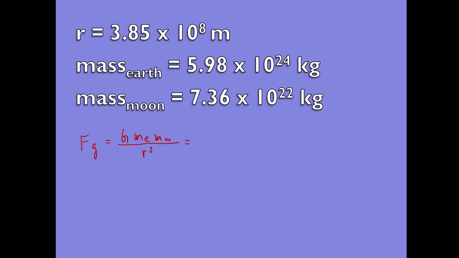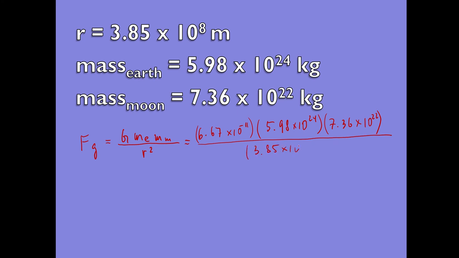Plug in the numbers: 6.67 times 10 to the negative 11, times the mass of the Earth, times the mass of the Moon, and then the distance apart, squared.